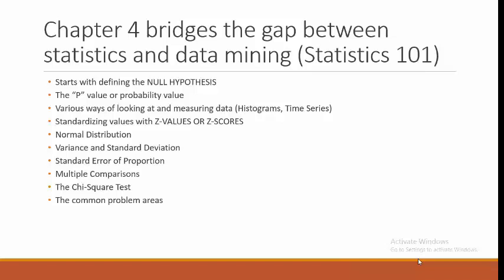Then the chapter moves into a discussion of normal distribution, and it talks about the variance that is associated with that and the standard deviation, which is essentially part of the normal distribution discussion. It talks about the standard error of proportion. Okay, and it also starts discussing how to do multiple comparisons.